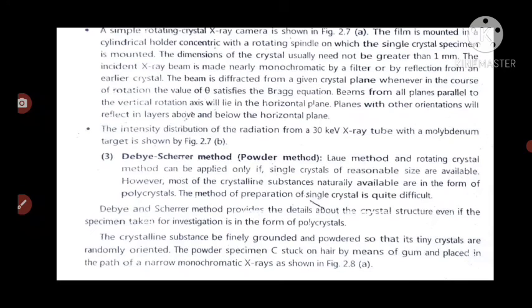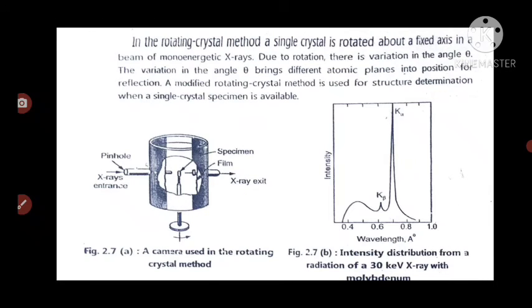the film is mounted on a cylindrical holder concentric with the rotating spindle, which is shown in the middle.